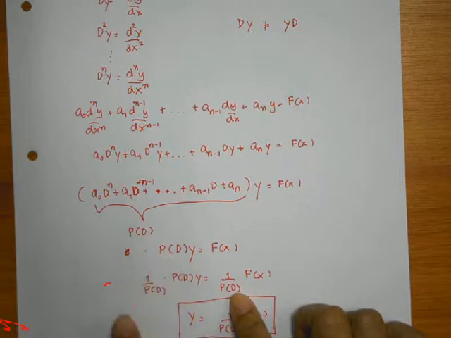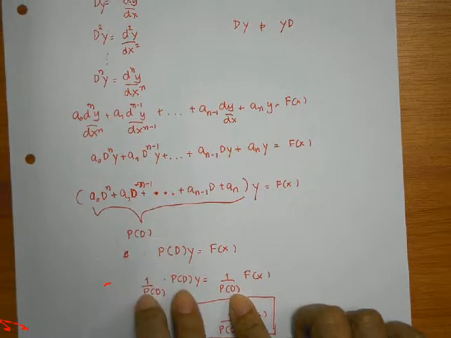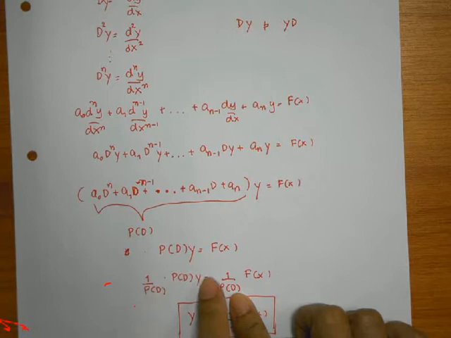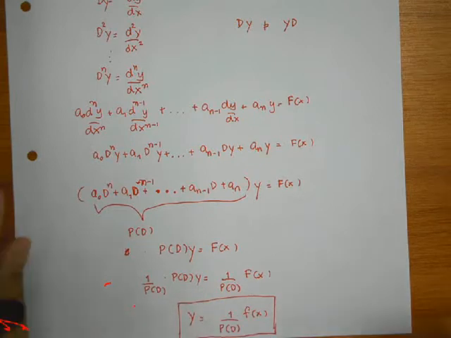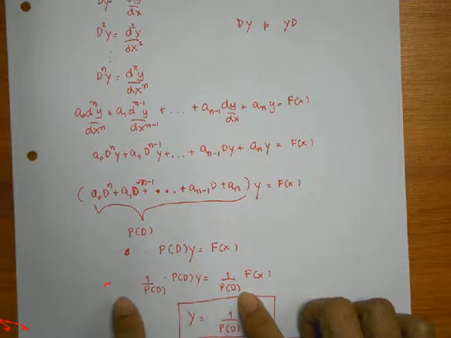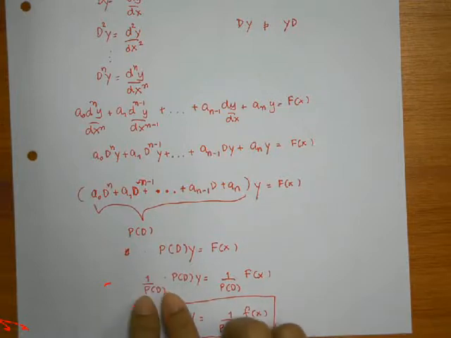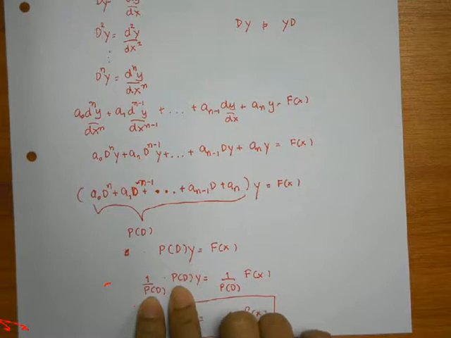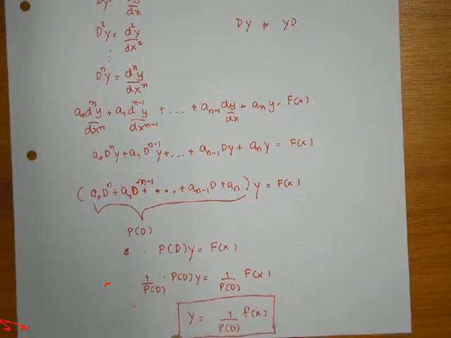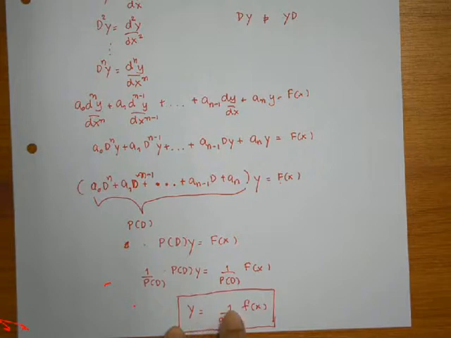So you have to put 1 over P(D) next to the P(D). When you put it right there, next to P(D), you can cancel them out because they are the same thing. So we end up with y equal to 1 over P(D) times f(x).